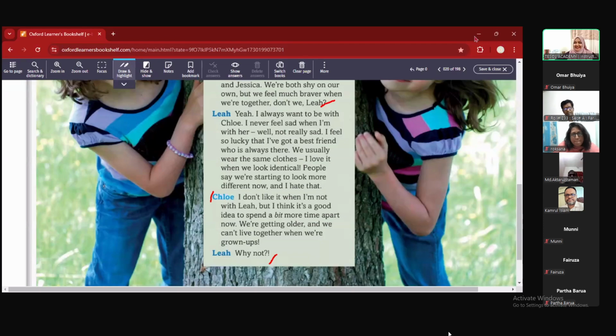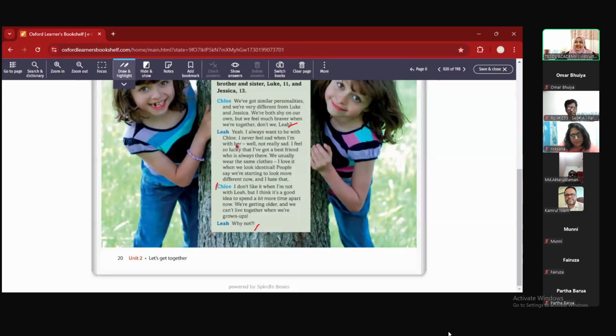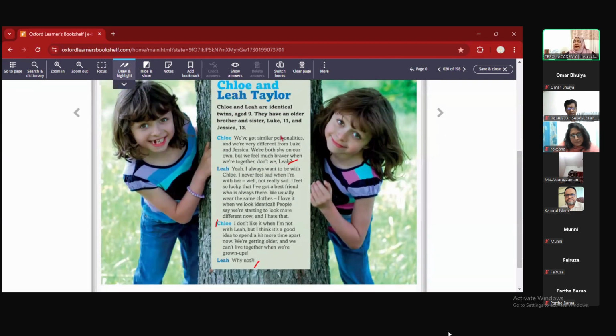Very good, Mr. Akhtar Zaman. Thank you so much. Okay, now, we got to know about Leah and Chloe Taylor and how they like being with each other, how they look similar and dress similar, and how they love to stay together. When they are apart, they feel a bit sad, right? And when they're together, they feel braver than when they are alone.